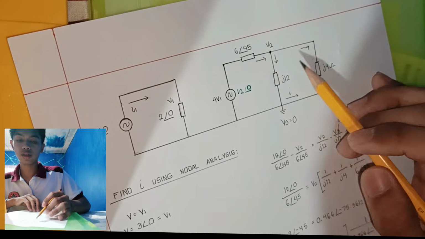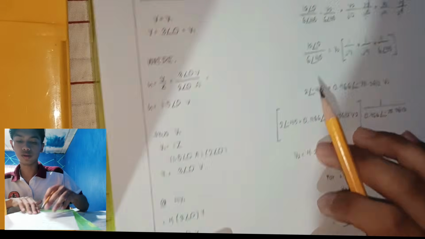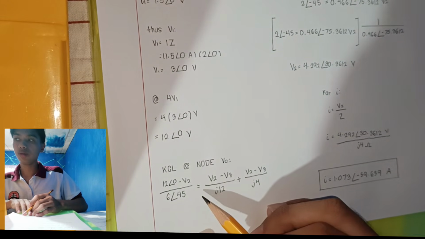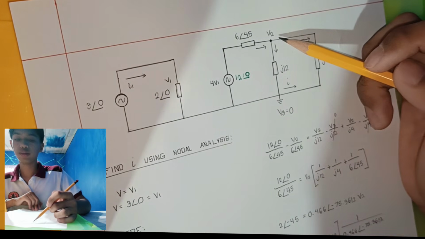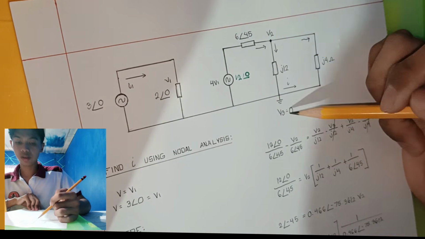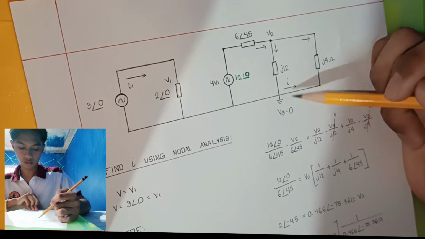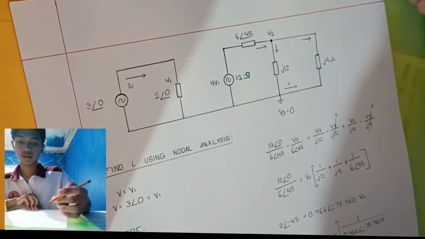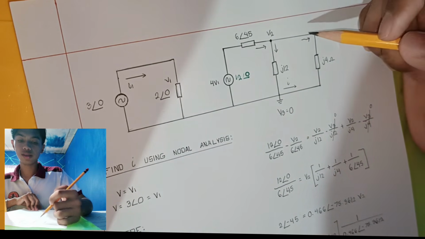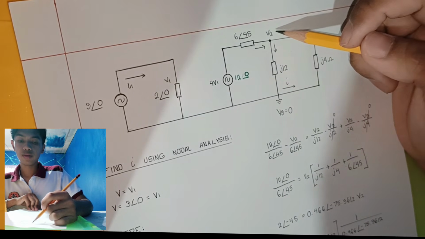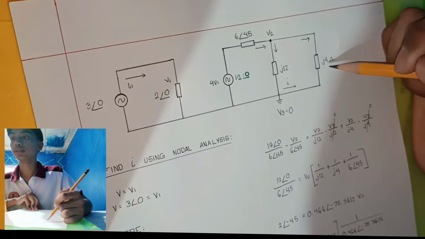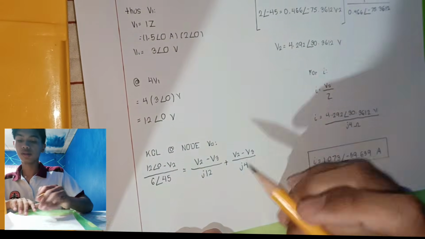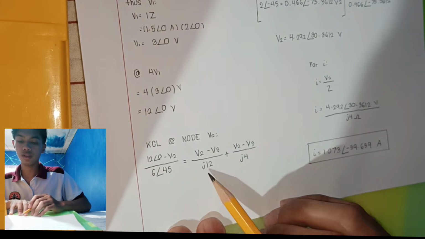Also, there are currents leaving node V2, so equal to V2, the high potential, minus the lower potential V3, all over j12, plus V2 minus V3 all over j4, which gives this equation.